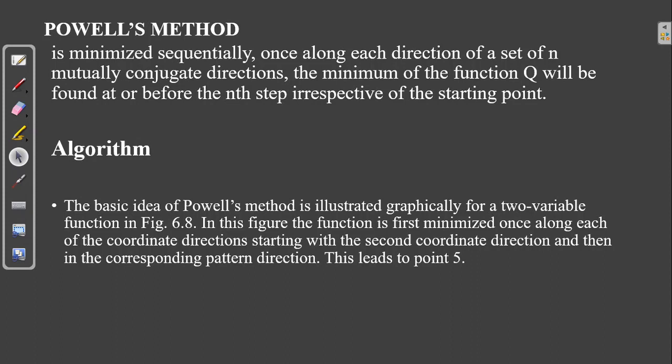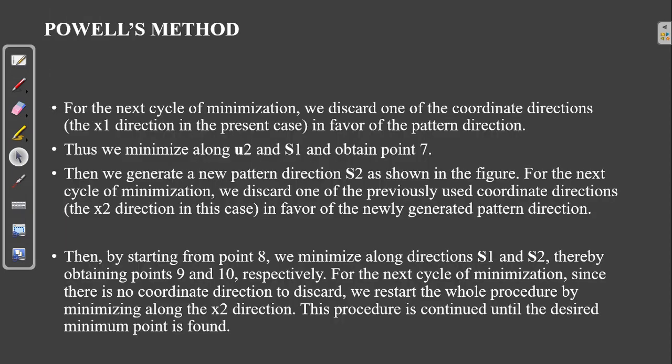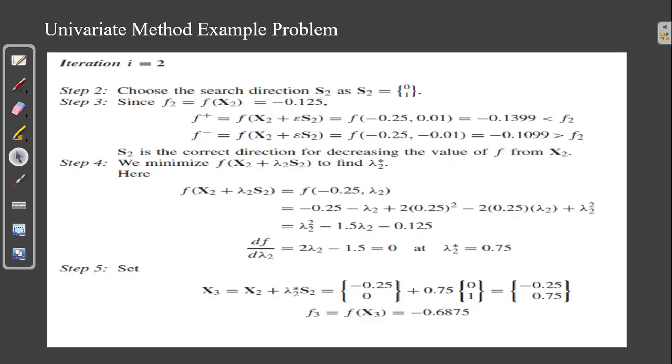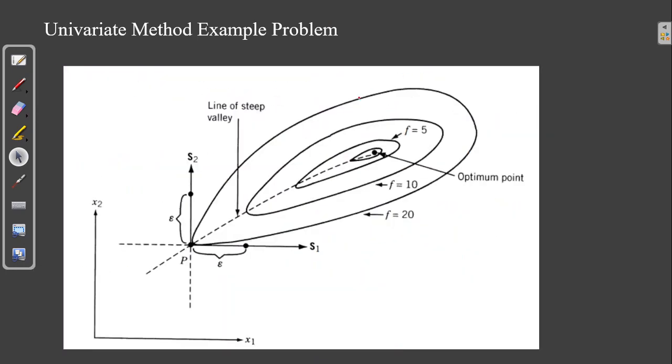In the univariate method, what we do is, for a function f of x, we search for the optimum solution in only two directions, that is in the x1 direction or in the x2 direction, or the x3 direction, up to xn directions. In between we didn't search, right?